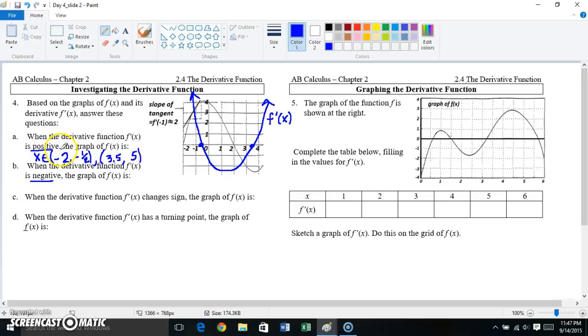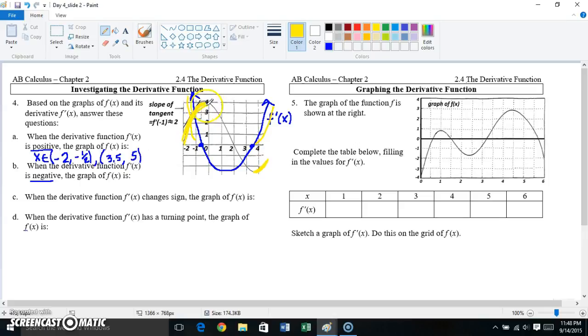When the derivative function is positive, so on these intervals, the graph of f of x is what? They're saying when the graph of the derivative is positive, which is here and here, what is my function doing? So here's my function, that piece and that piece.